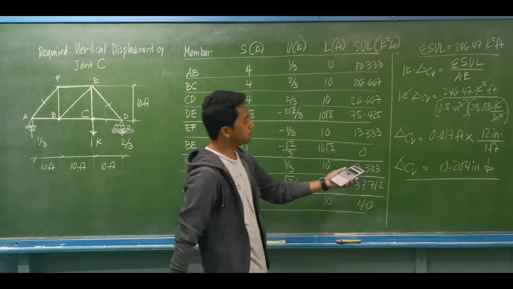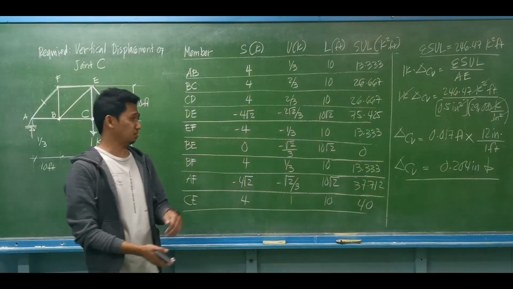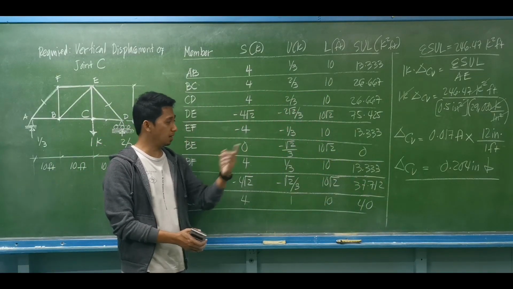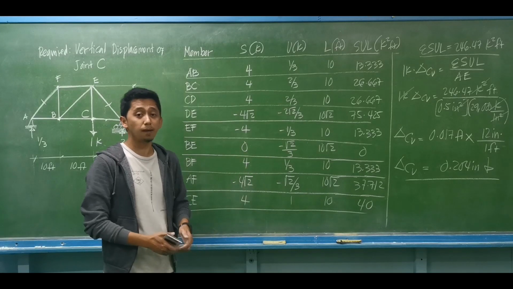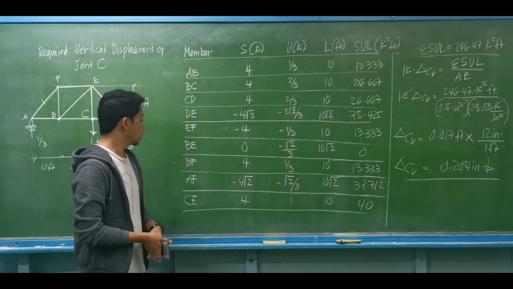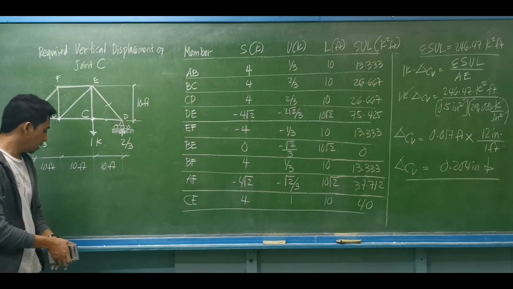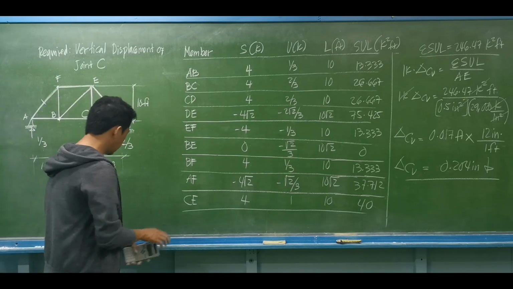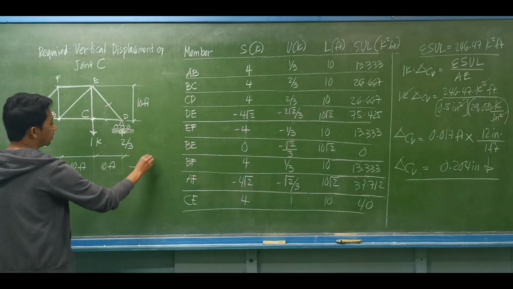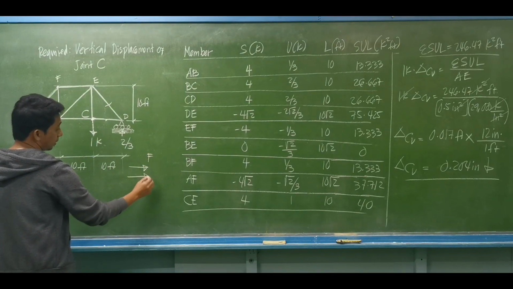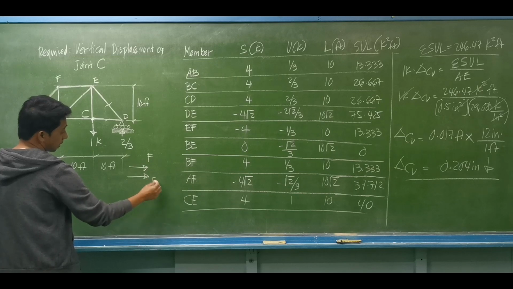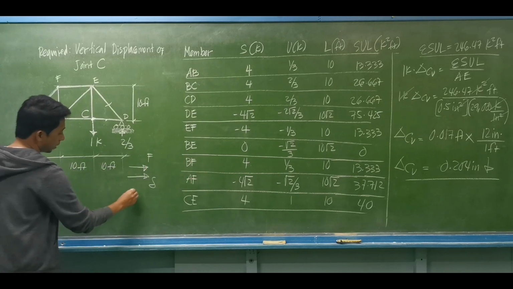So as you can see, the vertical displacement is downward, but why is it that the value is positive? Which means we have a positive work, or a correct assumption. So take note that we have a positive work when the force and the displacement have the same direction.